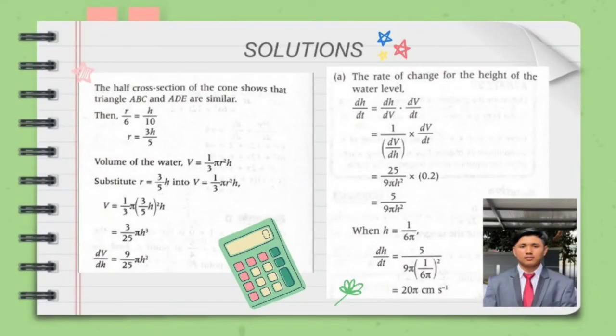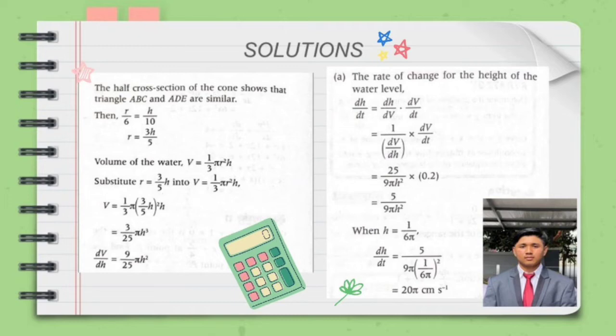So for the first question, which is question A, we need to find the rate of change for the height of the water level. So how can we solve the problem? The strategy is we need to use the chain rule.